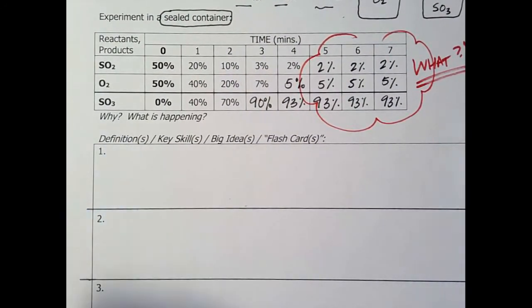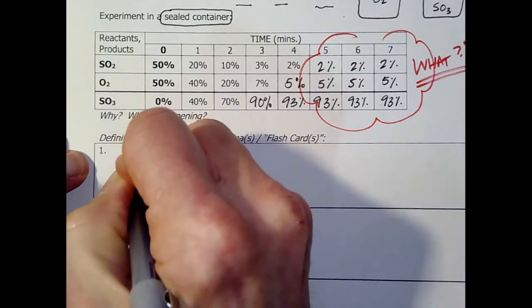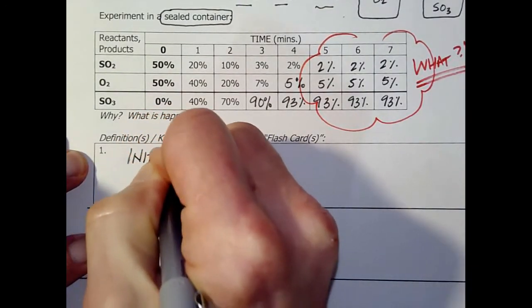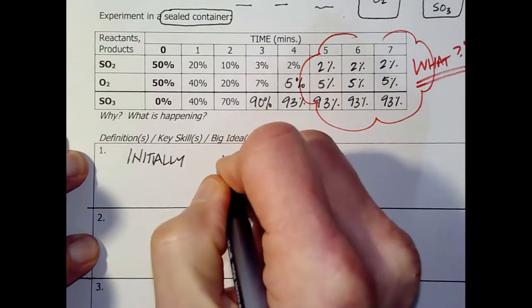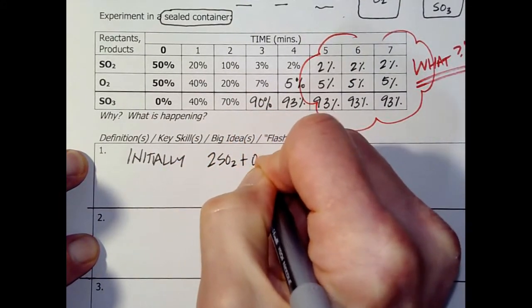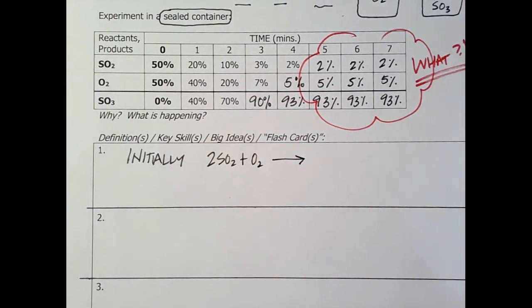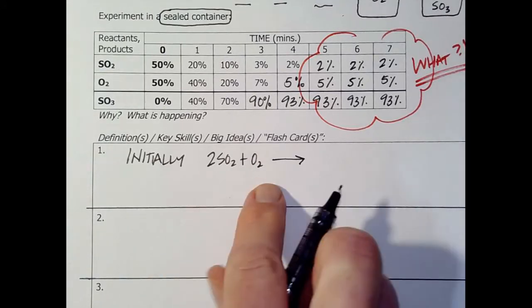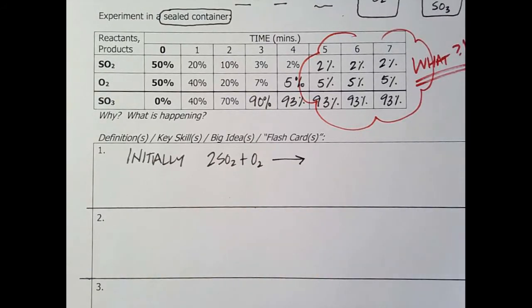Well, initially, I have 2SO2 plus O2 reacting. There doesn't seem to be anything wrong with that. They start reacting, those two start to drop, and SO3 starts to go up.